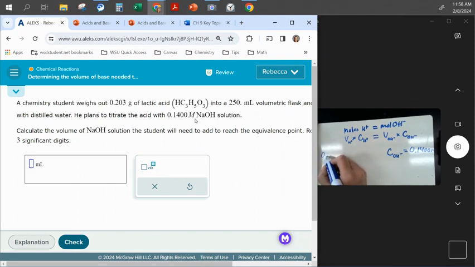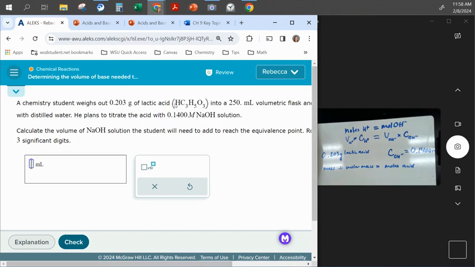We have 0.203 grams of lactic acid. So if we divide by the molar mass, so mass divided by molar mass, that will give us the moles of acid. And then we just have to check in. This question can have different numbers of protons.